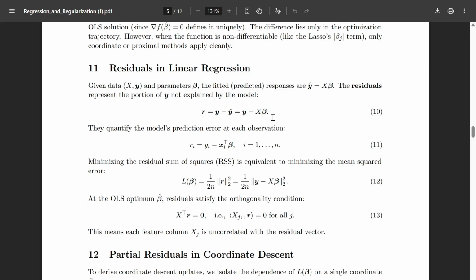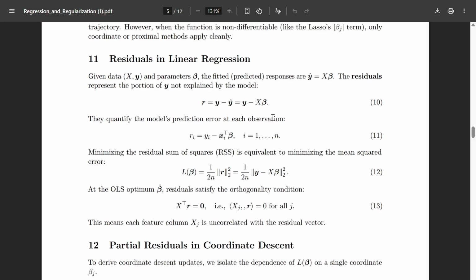What you try to do is quantify the model's prediction error at each observation. So you get r_i equal to y_i minus x_i transpose beta. That is the prediction error only for that particular observation: for x_i, what y_i you are getting, that signifies r_i.